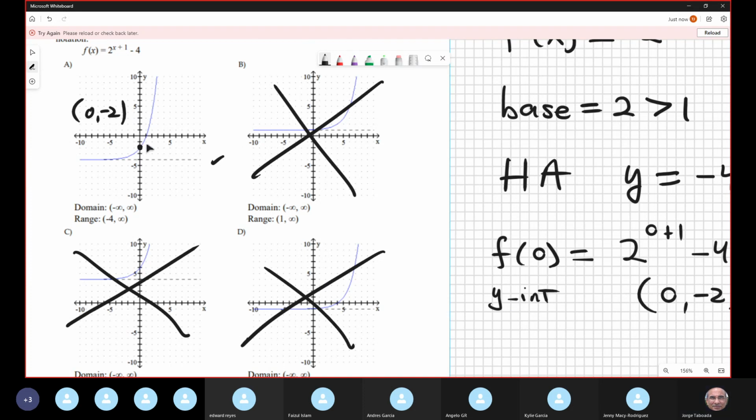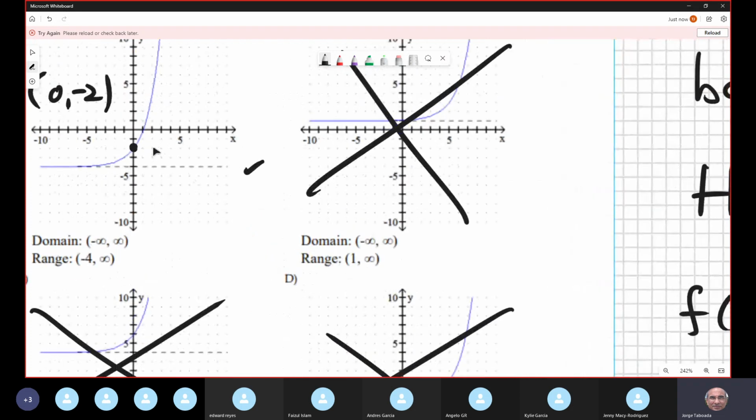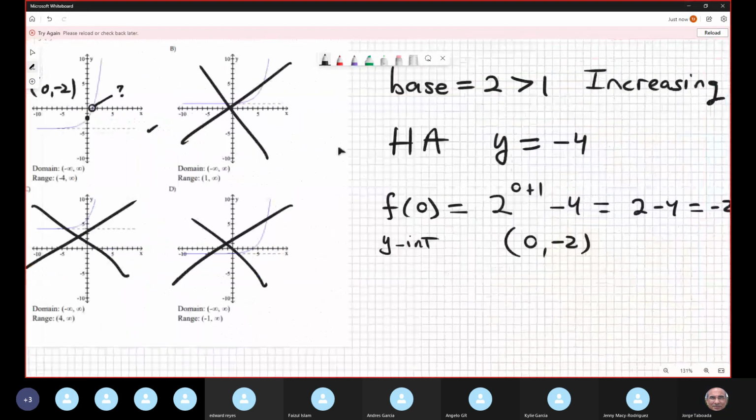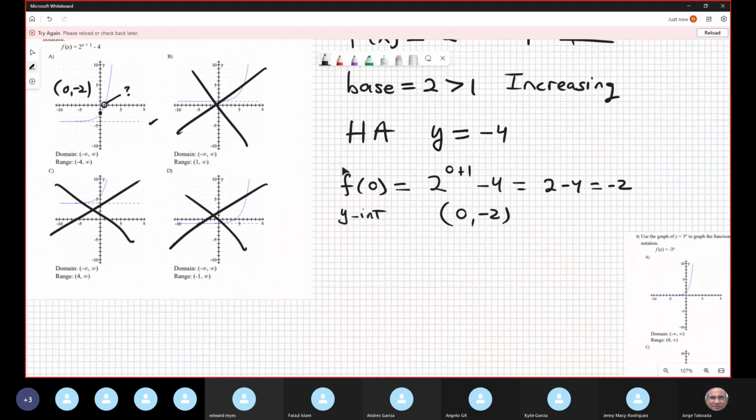Now, let me try to find the confusing point. This point, I have no idea. It looks like 1 point something. How do you determine that? Well, not exactly the same as we did before. Suppose you want to find the x-intercept.